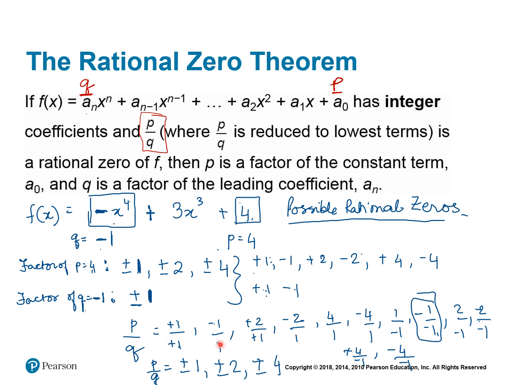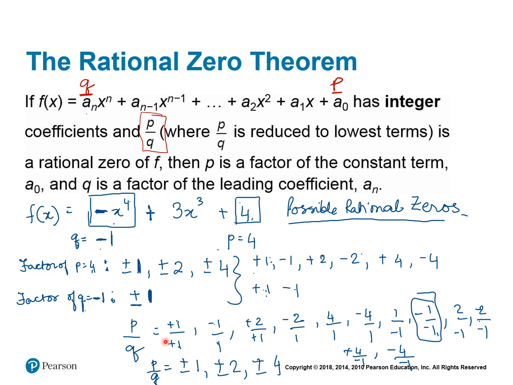And we see that some of the values are repeated. So 1 divided by 1 is 1, and then we have here -1 over -1, which is also 1. So it's the same number, 1 from here and 1 from here.